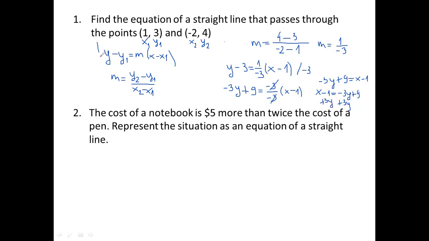I'll just continue here because I will not have space. So we will have x plus 3y minus 1 on the left side, and on the right side, we cancel minus 3y with plus 3y, and it stays just 9.